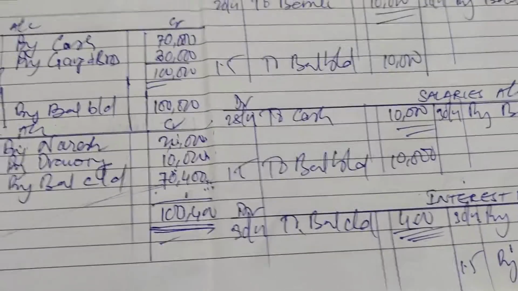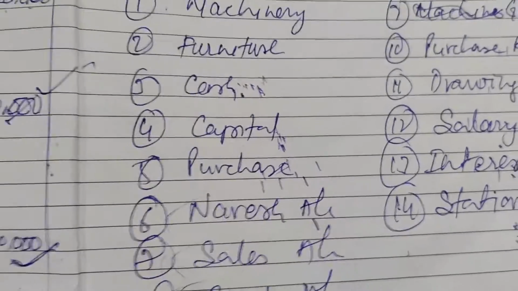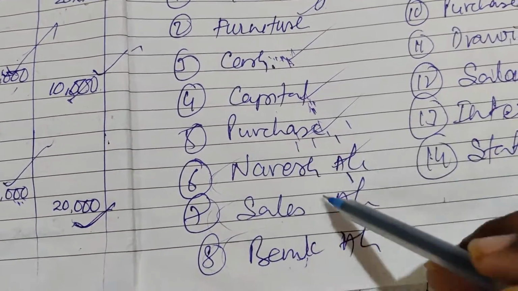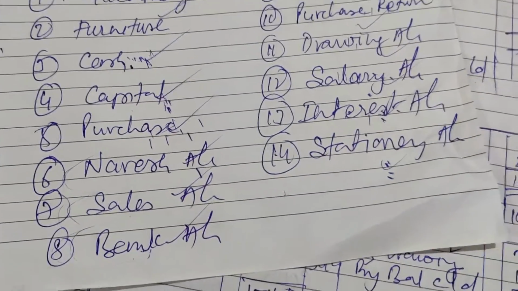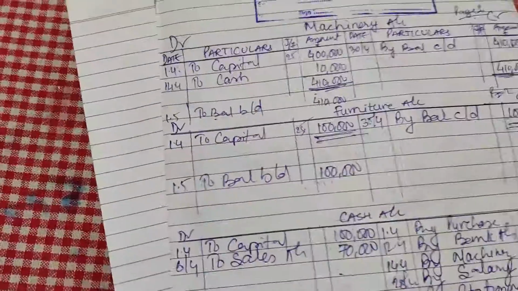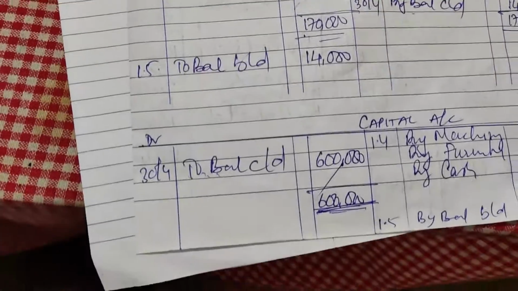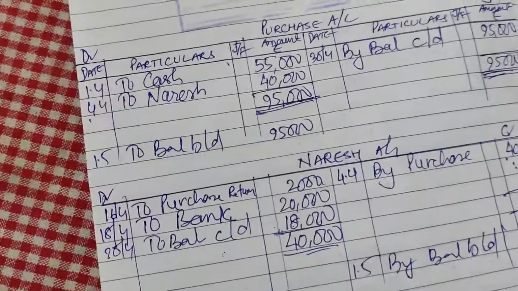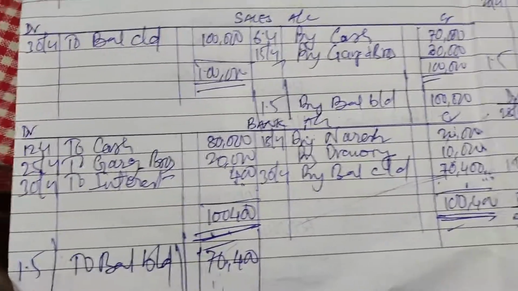According to the list of ledgers, machinery, furniture, cash, capital, Naresh, sales, bank, Gag and Bros, purchase return, drawings, salary, interest, all this we have made the accounts here. This is the ledger. In this way we have completed the ledger posting as well as the balancing of the ledger.